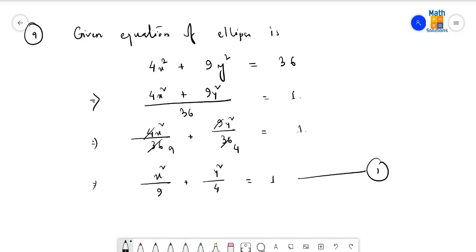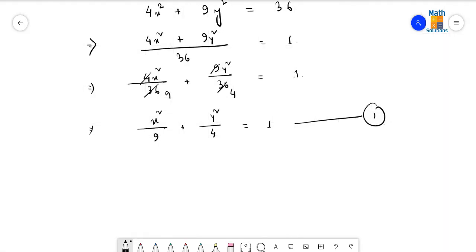Let's mark this as equation 1. Now this will be exactly similar to question number 1.